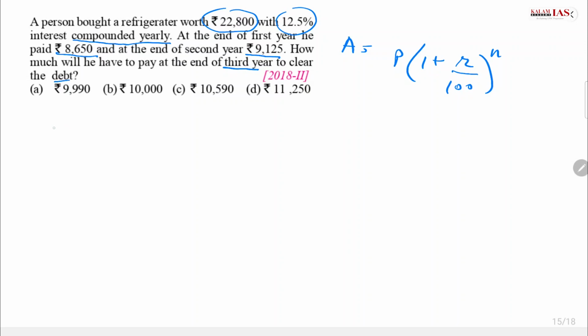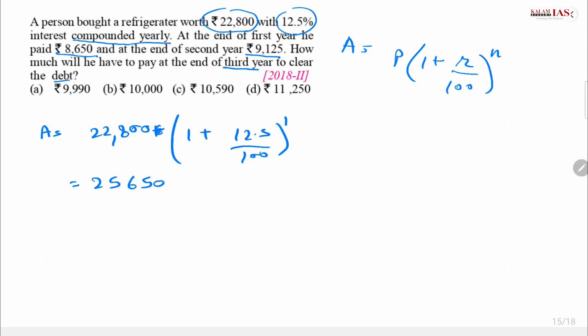Now, for the first year, the amount will be 22,800 into 1 plus 12.5 by 100 power n, which equals 25,650. Out of this, the person paid 8,650. So the amount left is 17,000.